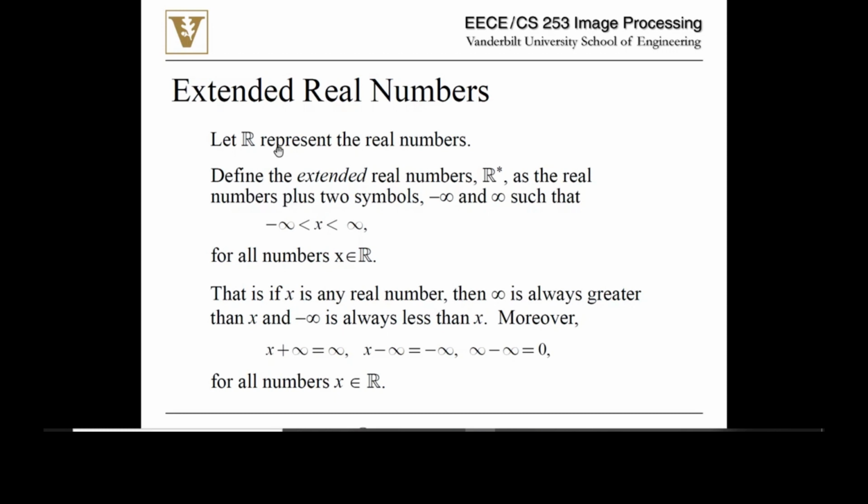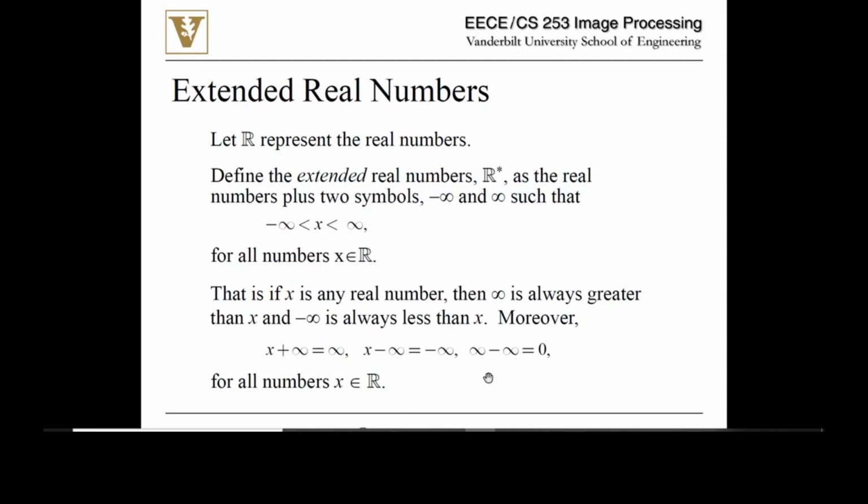So instead of the intensity being just a real number, because we want to use infinity, we will use the extended real numbers. Infinity is a concept, it is not a number. But we will use R star, the one that includes minus infinity and infinity as numbers.